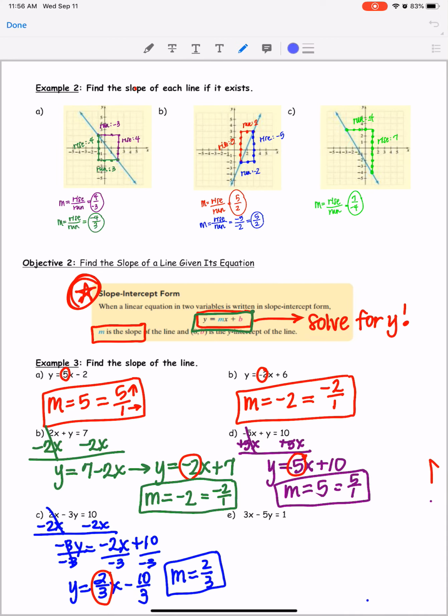Okay, E is the same thing. So on E, we need to get this y by itself. Solve it for y. So, opposite of a positive 3x is to subtract it over.